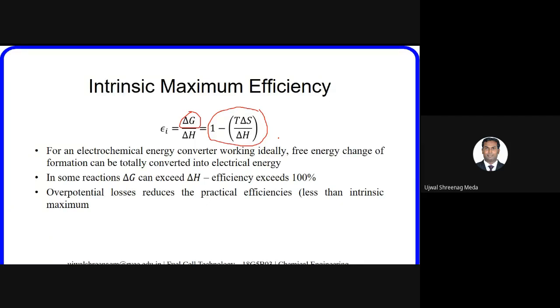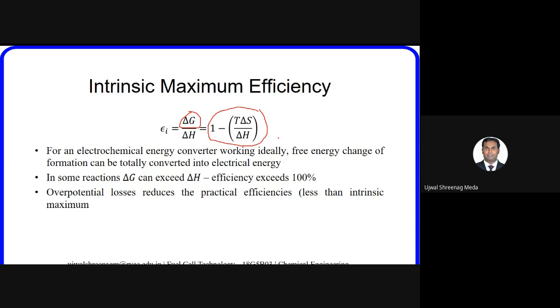Enthalpy and entropy are not as sensitive as Gibbs free energy with respect to temperature. So even though there is variation, it is minor, so it can be considered a constant value. However, with increase in temperature, we clearly know that the Gibbs free energy will decrease.